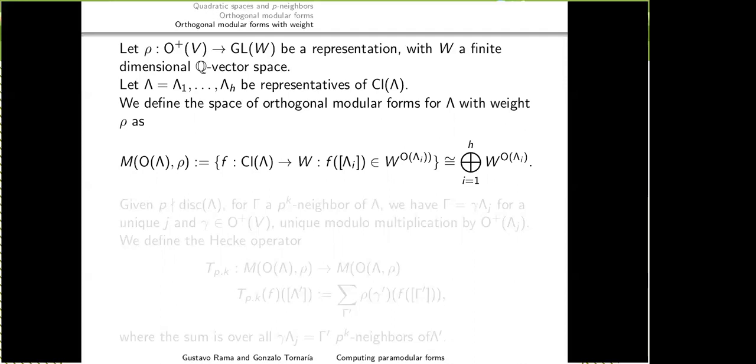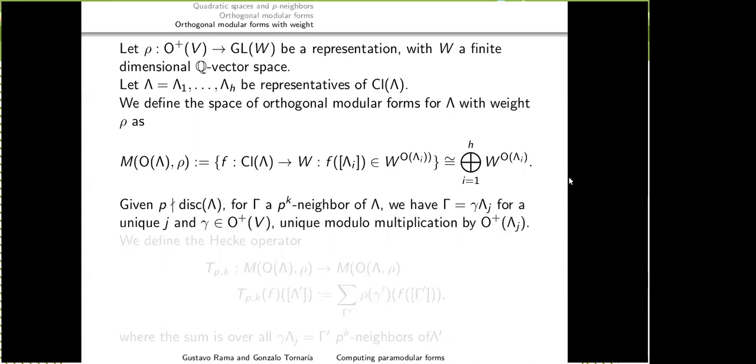And this is isomorphic to the sum of W, the fixed subspaces of W of the automorphisms of lambda y. Now we want to define the Hecke operators, but we need the transformation matrices now.